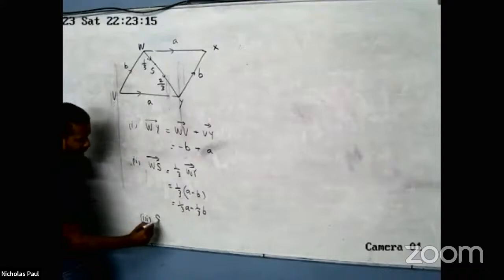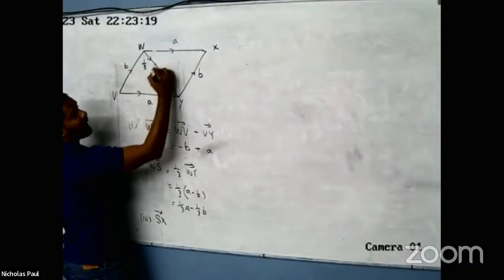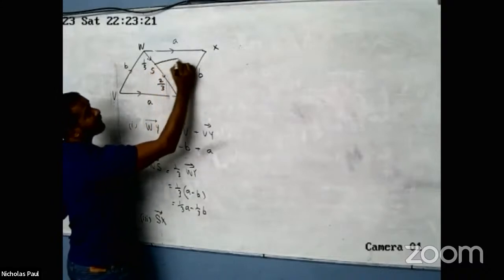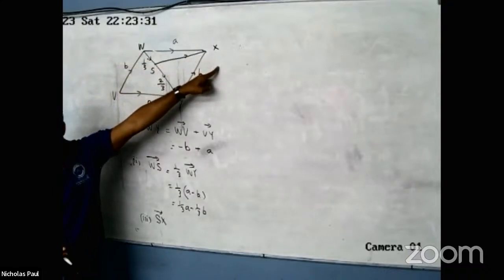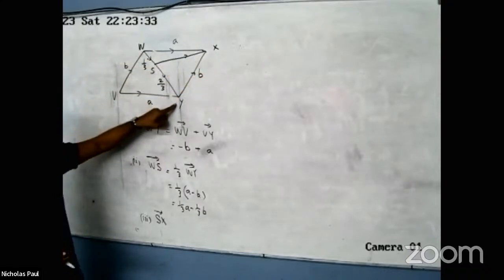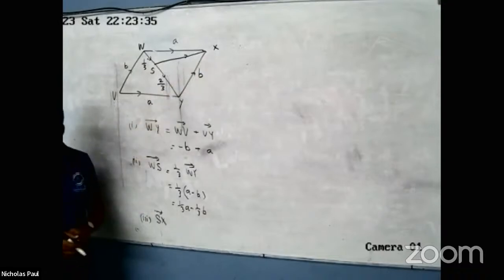SX. So SX, right? Draw a line from S to X, and you could do whatever you want. S to X is what? S to W or W to X, or S to Y, Y to X. That's okay, so totally up to you.